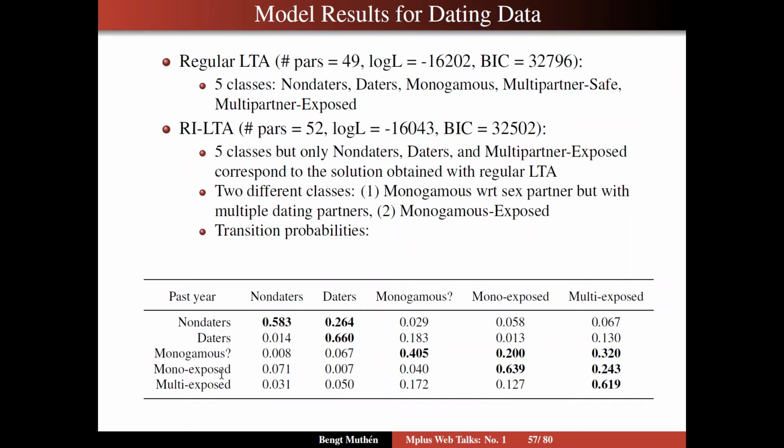And for the monogamous exposed category, we have a non-ignorable probability of moving to the multi-exposed class. So somewhat different conclusions by a model that fits the data considerably better.